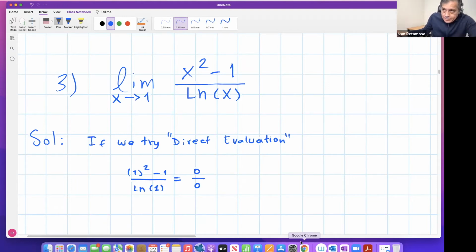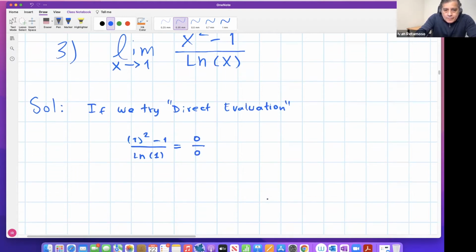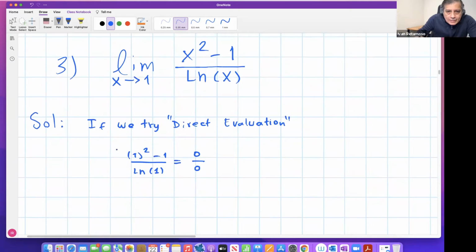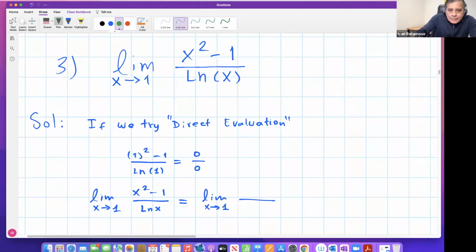Very good. So now using L'Hopital's rule, I can say that the limit as x approaches 1 of x squared minus 1 over natural log of x, since I got 0 over 0, is the same as the limit as x approaches 1 of the quotient of the respective derivatives.